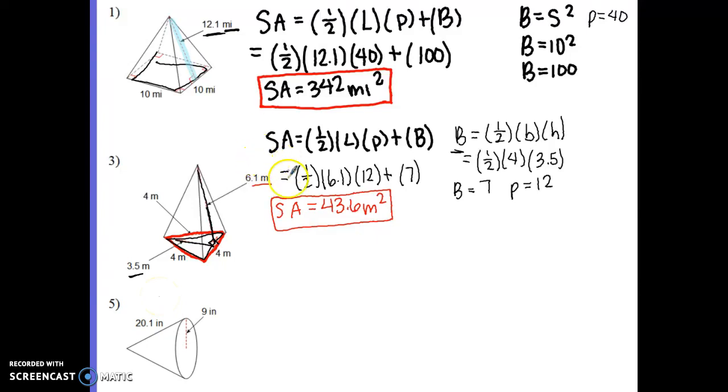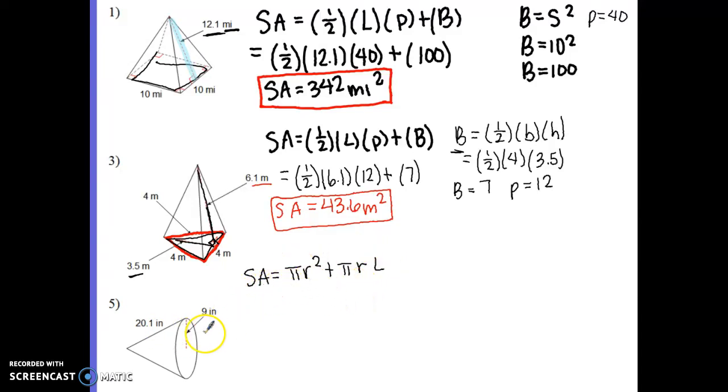For our cone, that's a little bit different. We are using another surface area equation for cones specifically. So we recall that surface area equation for our cones. That's going to be pi r squared plus pi r L, where L is our slant height.